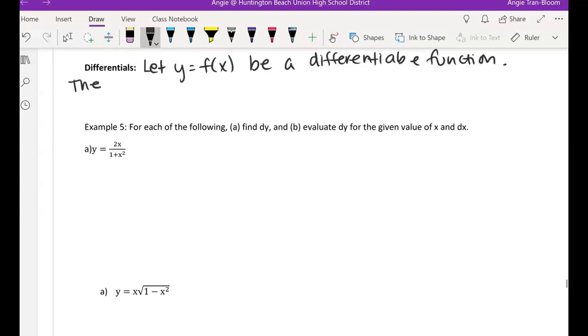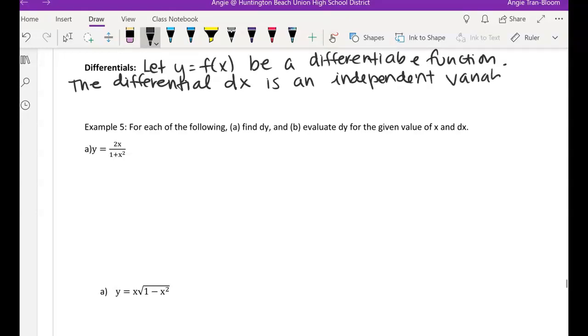The differential dx is an independent variable. Okay, so differentials. So let y equal some unknown function. Let's call it f of x. Be a differentiable function. The differential dx is an independent variable.